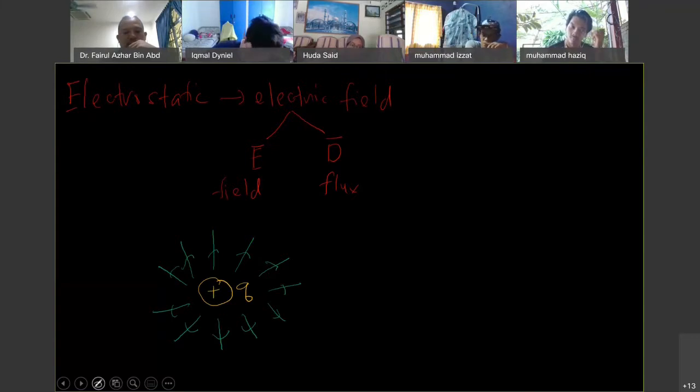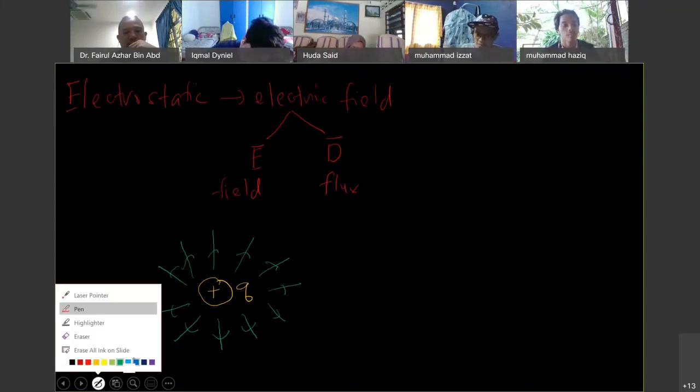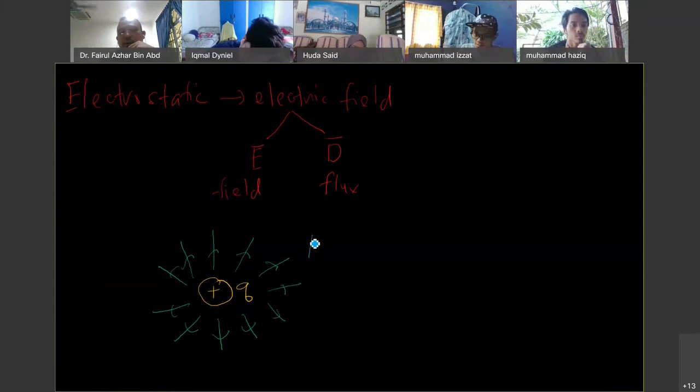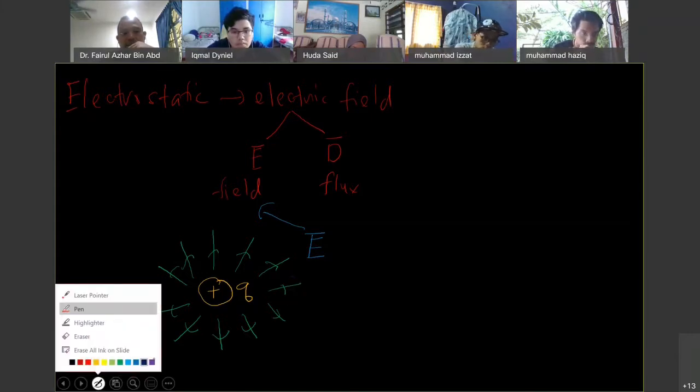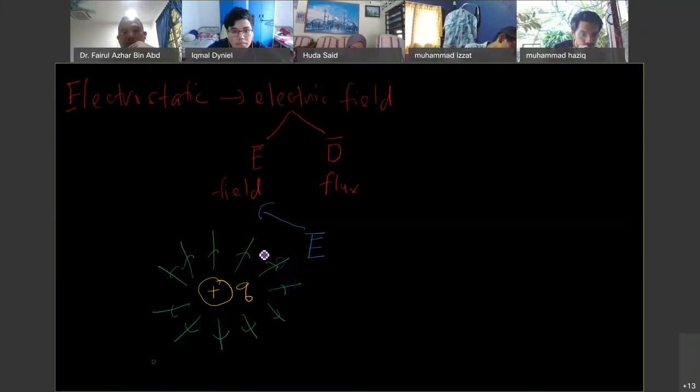Basically we have the vector E that represents our field intensity, in order to evaluate how strong the field produced by that particular charge is. The field is represented by these lines.